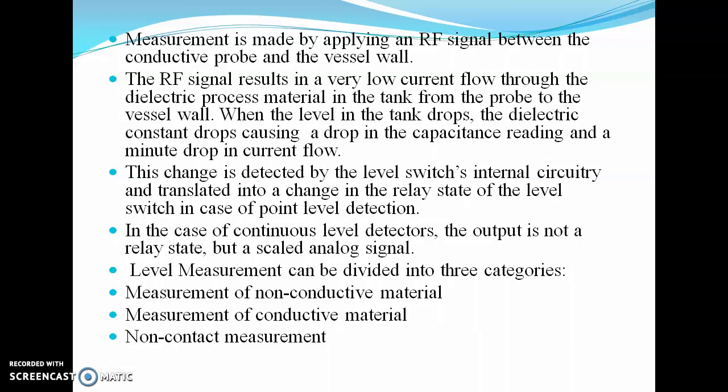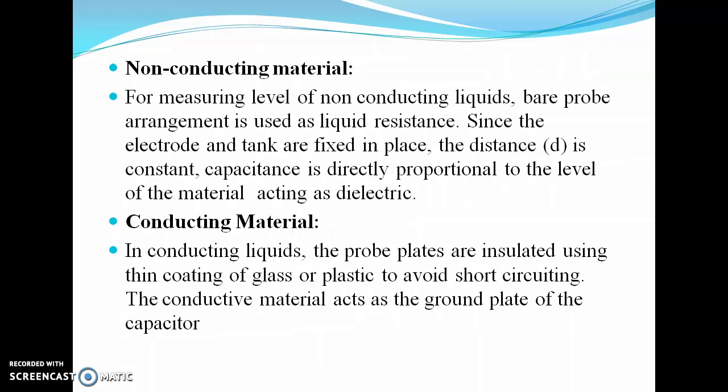Level measurement can be divided into three categories: measurement of non-conductive material, measurement of conductive material, and non-contact measurement. These are the three cases of liquids or whatever material is inside the tank, and we are going to see them one by one. First, non-conductive material.